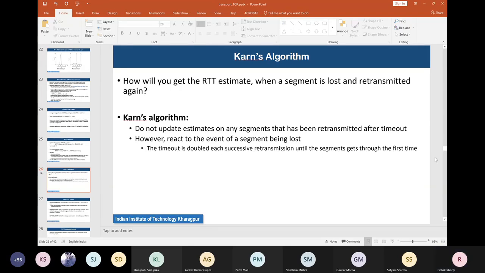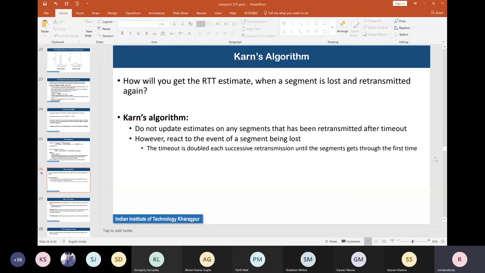So that segment probably did not reach the receiver, or it is taking too much time, or its acknowledgement did not get back in time, or its acknowledgement got lost. Many bad things can happen. But overall, something is wrong with your network currently.